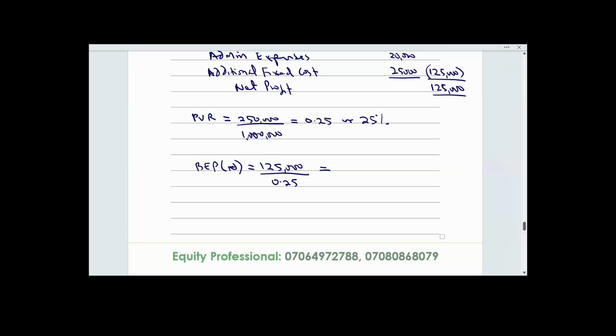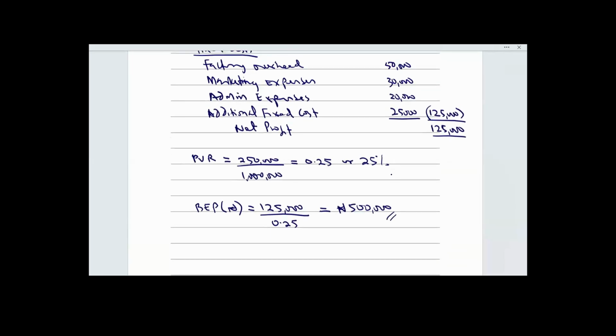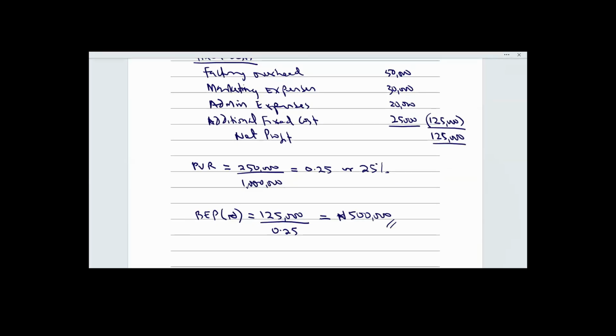What do we have here? 125,000 divided by 0.25. That's 500,000 naira. That's it. This is what examiner wants you to do.